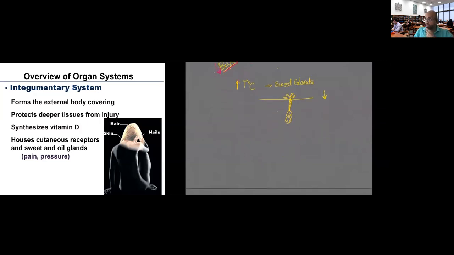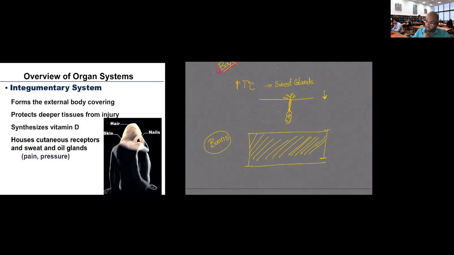What's another function of the skin? So in case of burns, if I did have a burn that has affected the whole thickness of the skin. So all the thickness of the skin has degenerated.